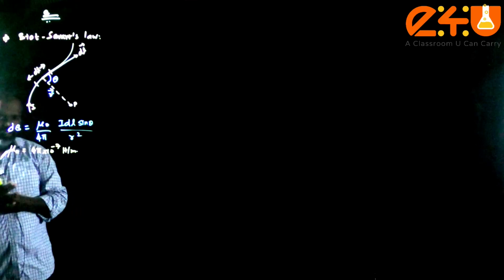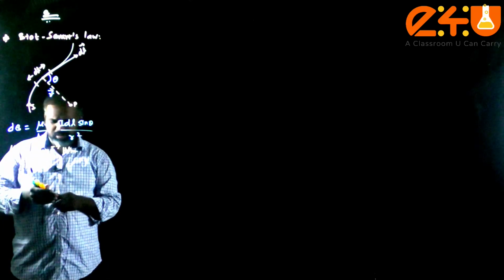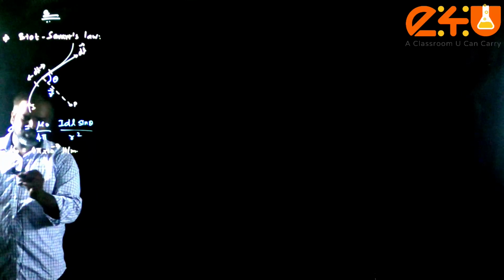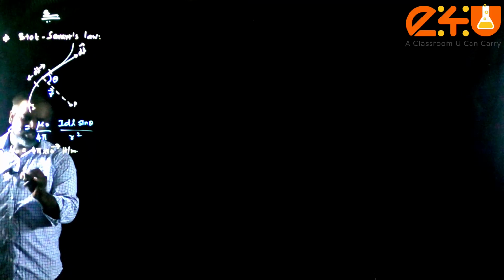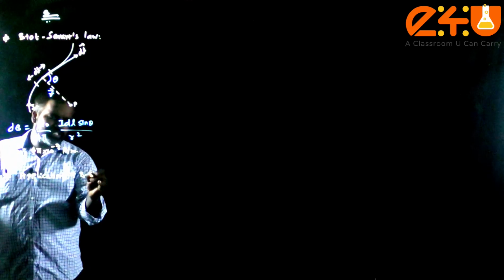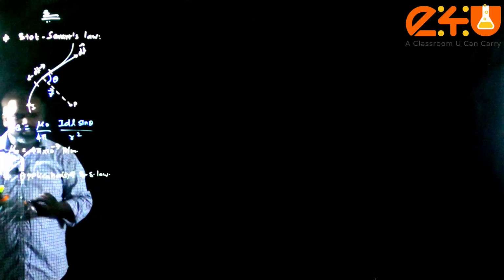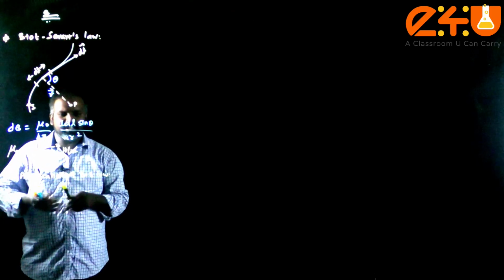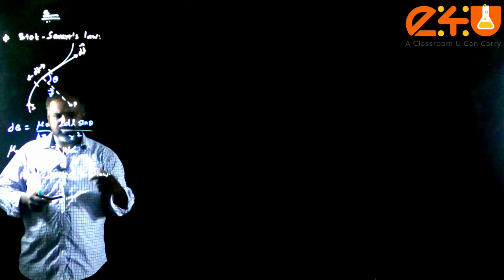So this is what we discussed in scalar form. Already we have given the vector form also. Now we continue with the applications of Biot-Savart's law. In this we are going to derive the expression for the magnetic field due to a current carrying circular loop or coil.